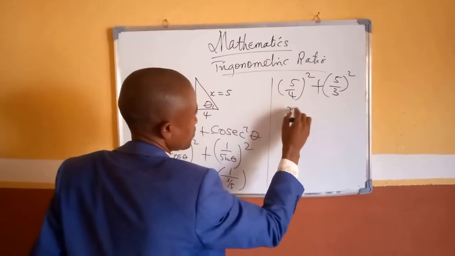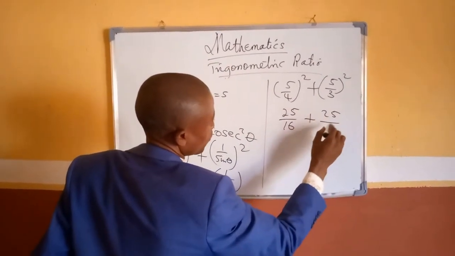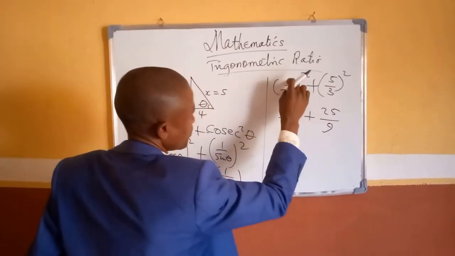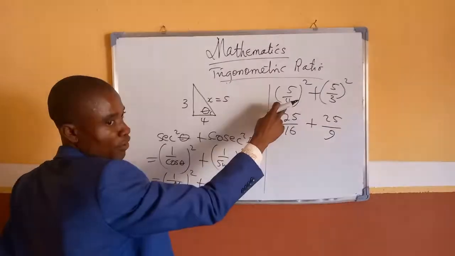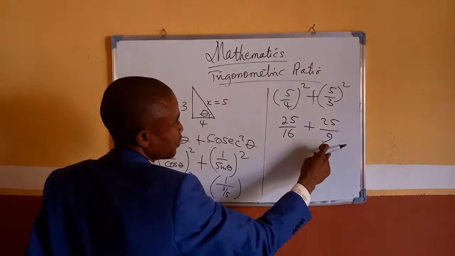What do you have? That's 25 over 16 plus 25 over 9. 5 by 5 is 25, 4 by 4 is 16, 5 by 5 is 25, 3 by 3 is 9.